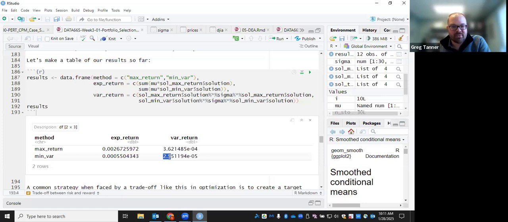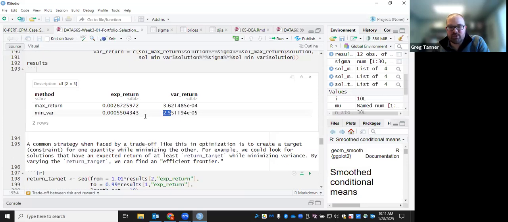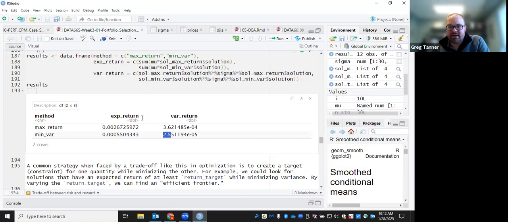So a common strategy when we face this sort of trade-off is to create a target for one quantity while trying to minimize or maximize the other quantity. And because it's easier to have linear constraints and a quadratic objective, we're going to try to minimize risk while giving ourselves a target for what we want for the expected return.